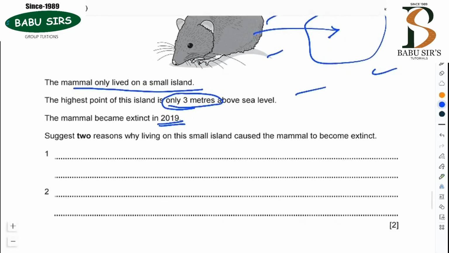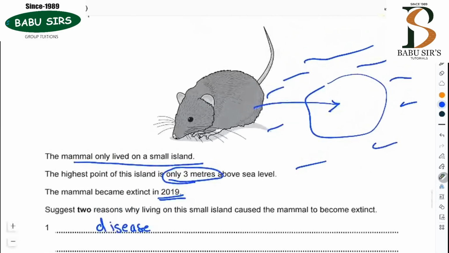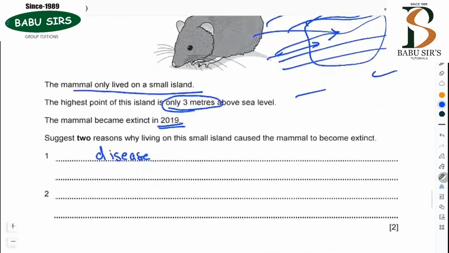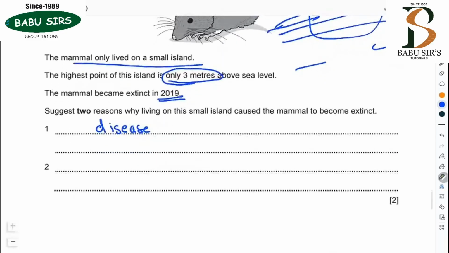Suppose the first reason might be a disease. But if you see it properly, there might be a rise in this water level because it might just sink this island, because the island is not of big height. So there might be an increase in sea level.